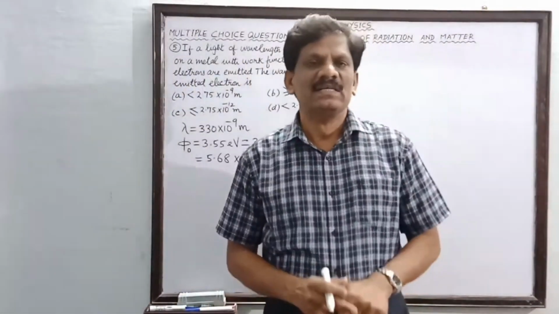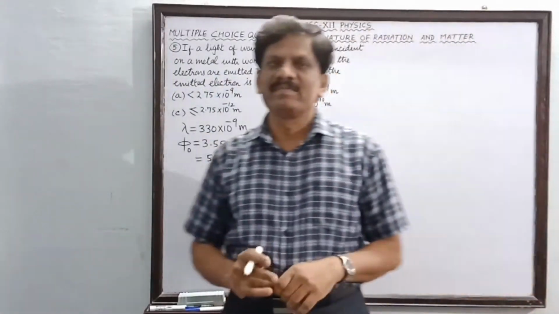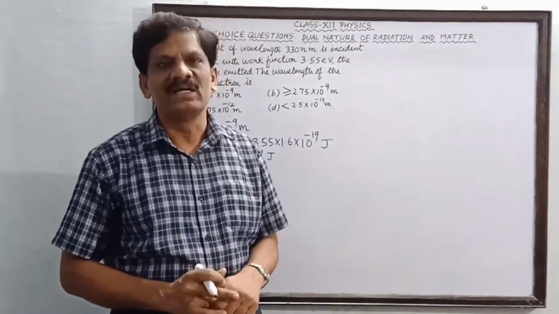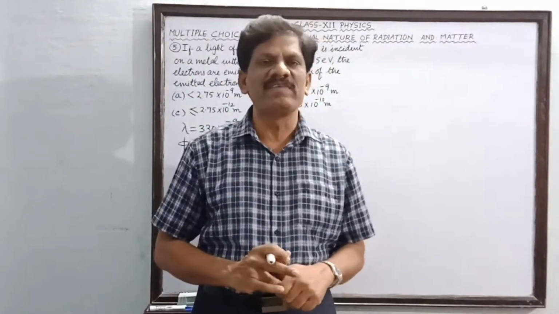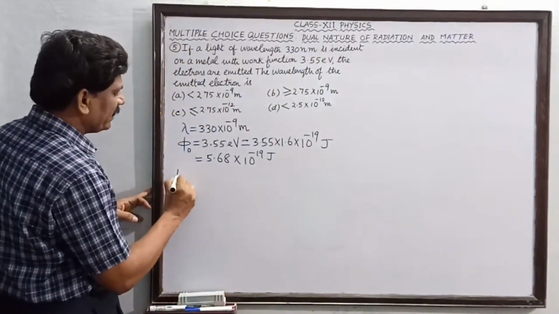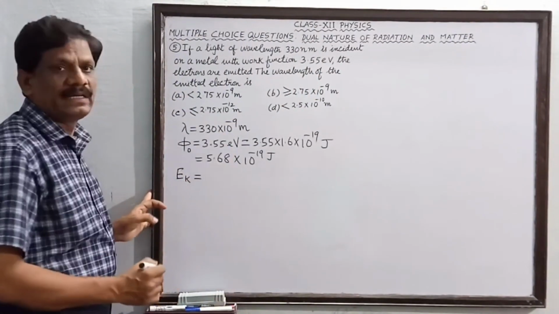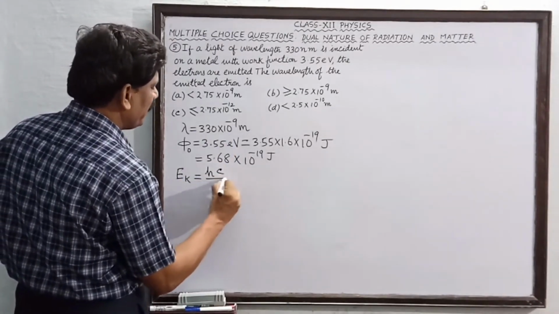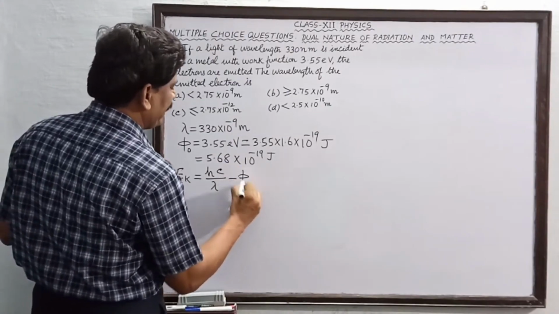Okay, students. So now what is the photoelectric equation? The incident energy hc by lambda is equal to work function phi naught plus half mv square. So the kinetic energy is equal to the incident energy hc by lambda minus work function.